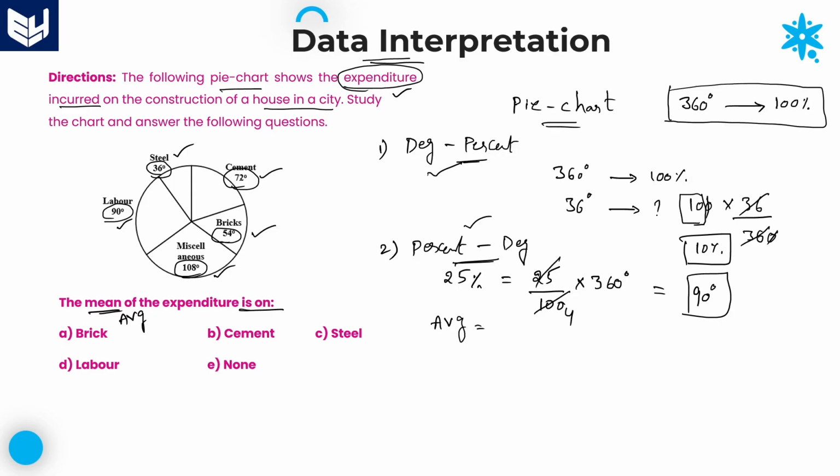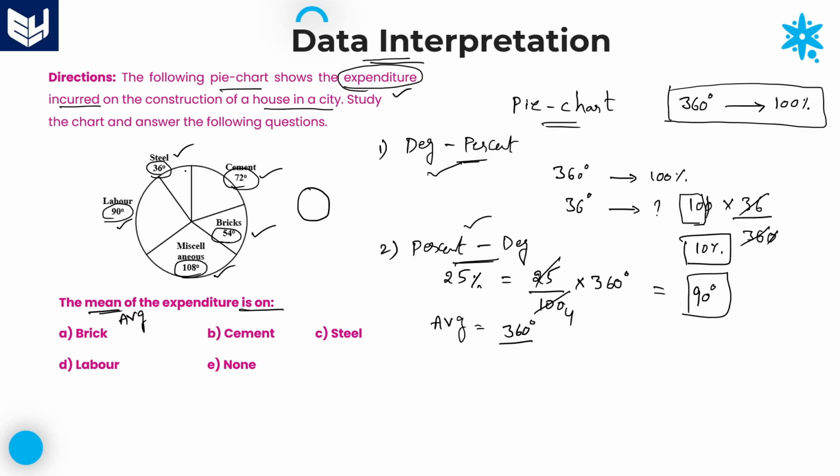If you add all these values, you will definitely get 360 degrees, because the entire pie chart is always 360 degrees. So 360 degrees divided by the number of observations, as we are calculating the average.